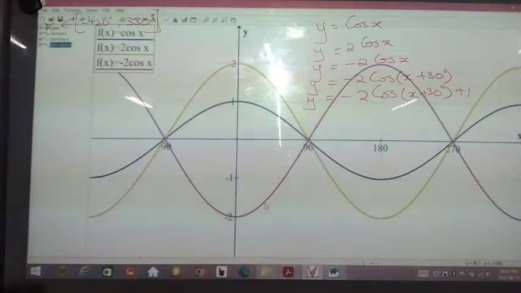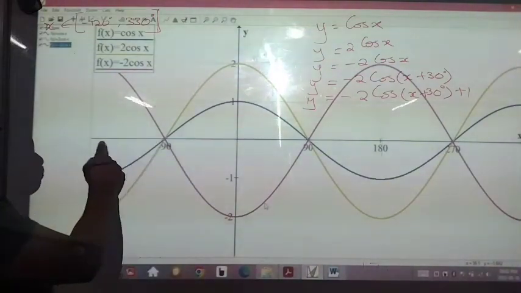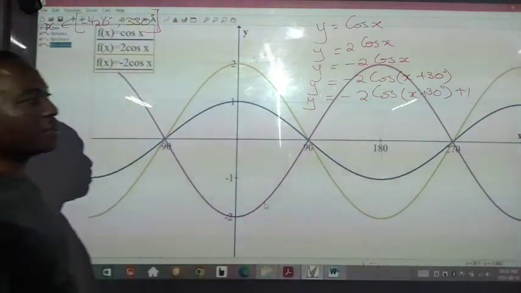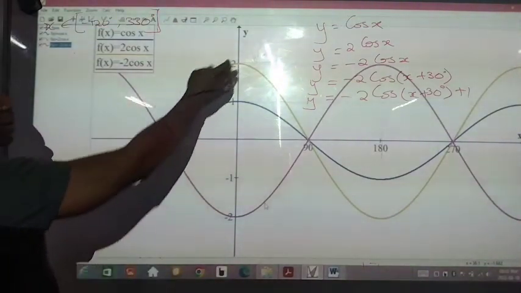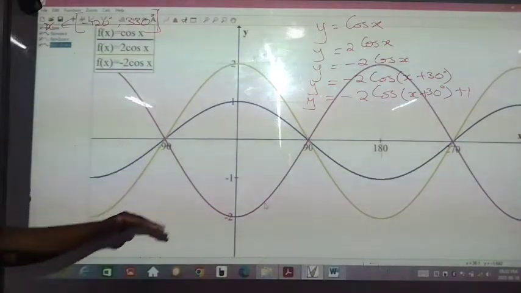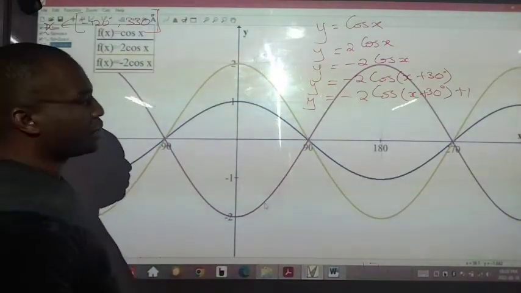Alright, so we can see the reflection. It's so easy. The way the graph cuts doesn't change. It's only the critical points that are off the x-axis that will change.